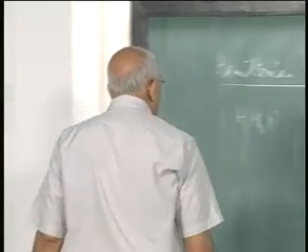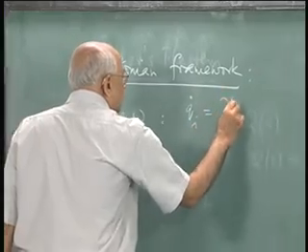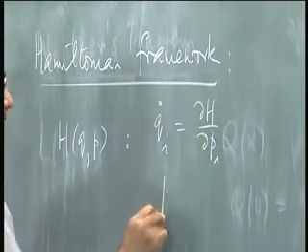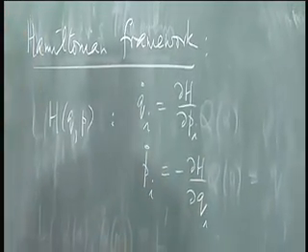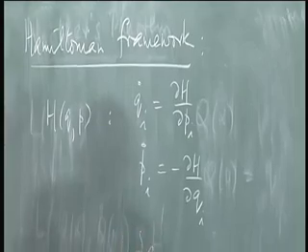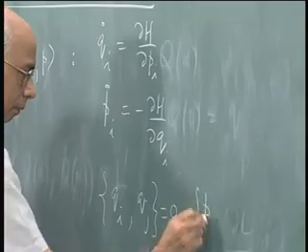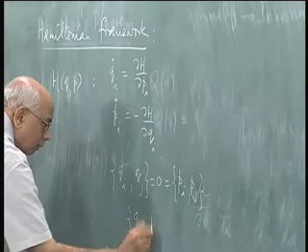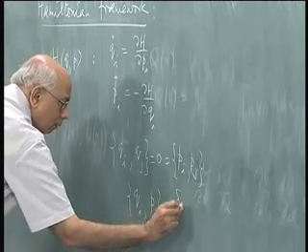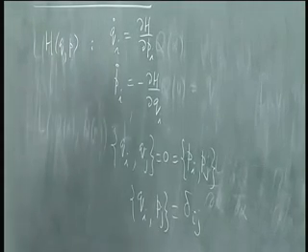I am only going to look at autonomous systems for the time being, and I know that the equations of motion are such that q_i dot is ∂H/∂p_i, p_i dot is minus ∂H/∂q_i, and I also know that there exist canonical Poisson bracket relations. This ensures my standard Hamiltonian structure.